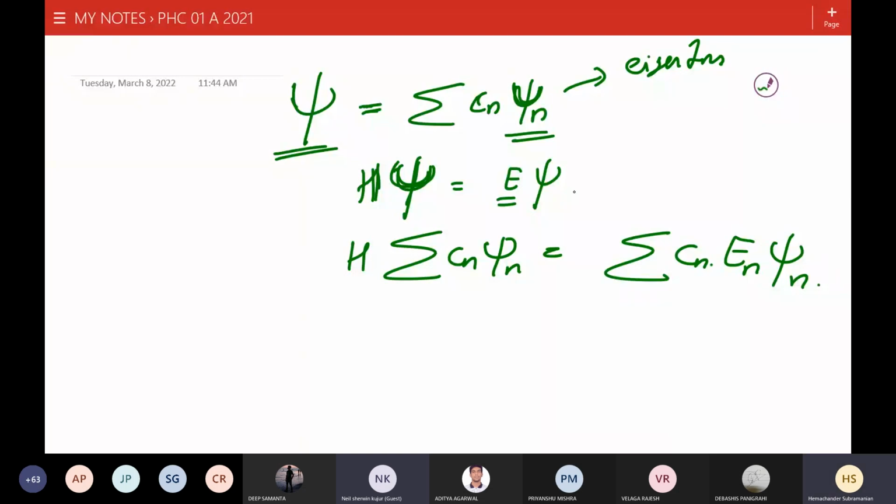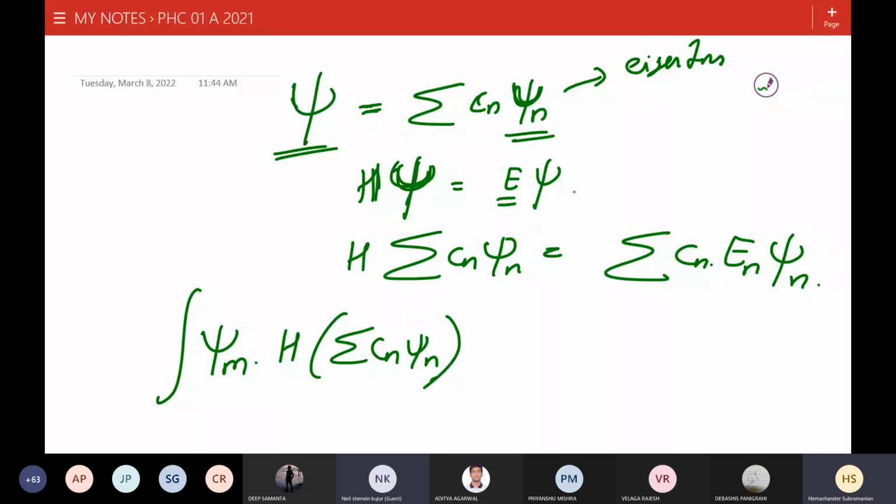Okay, we are going down a rabbit hole. Anyway, what I can do is multiply this by another psi m and integrate over x. Then what you would get is Cn En delta Mn.